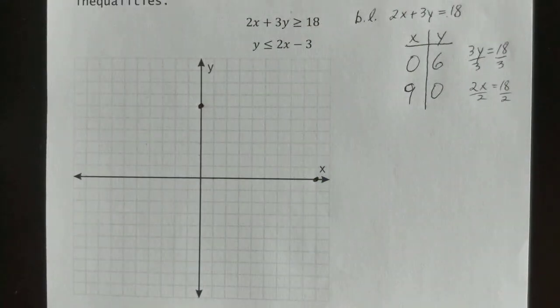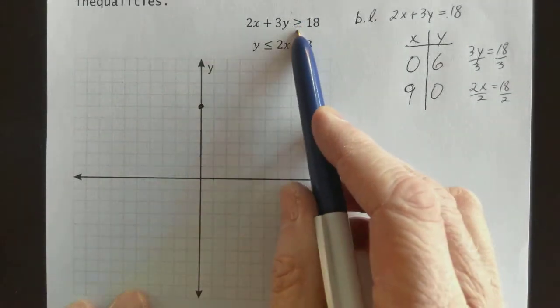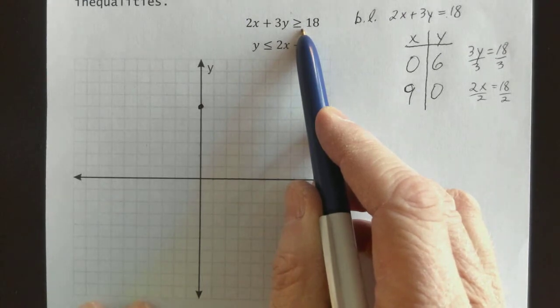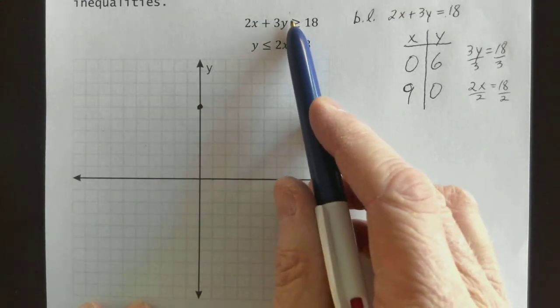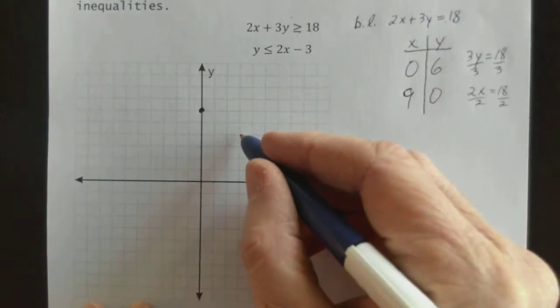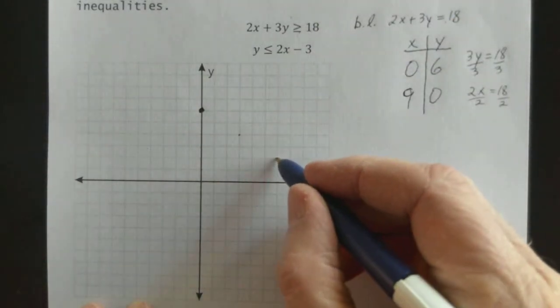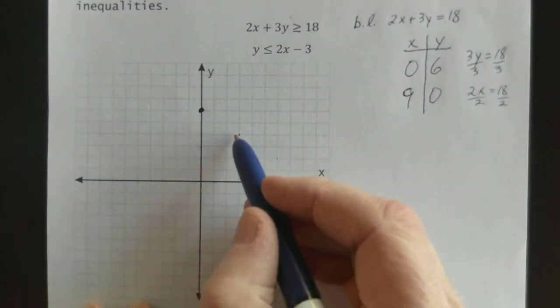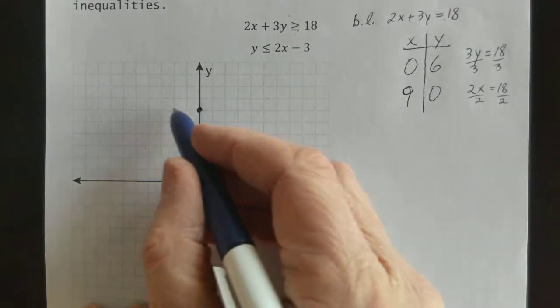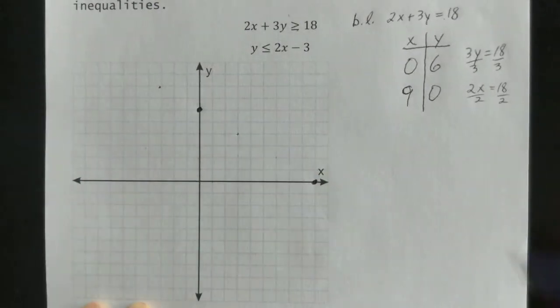And am I going to sketch a solid or a dotted boundary line? Solid, because it's greater than or equal to. Right. Because of the or equal to part, this will be a solid line. I'm going to put a couple of points. If you go down 2 over 3, a couple places, you can kind of follow along. All right.